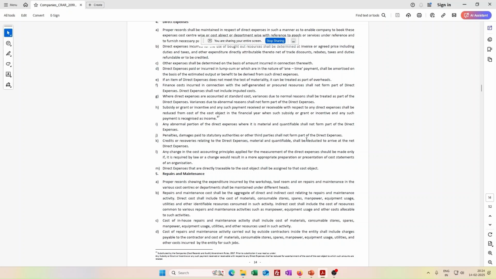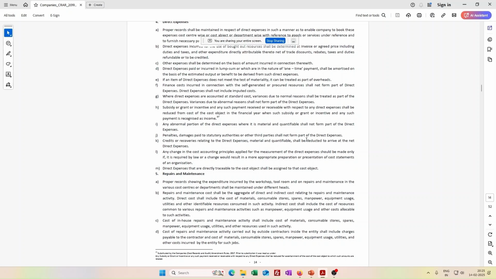Now, if a company runs a workshop within the factory, there must be some employees, their salary, and they must use some spare parts for repairing the machinery. Those spare parts should be booked under repair and maintenance. There must be some electricity consumption, which should also come under repairs and maintenance.